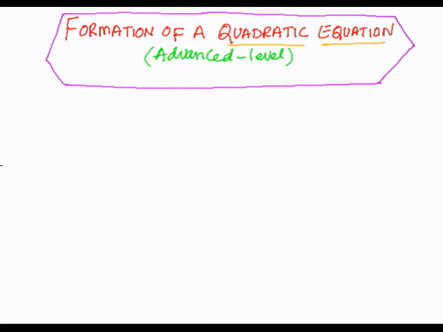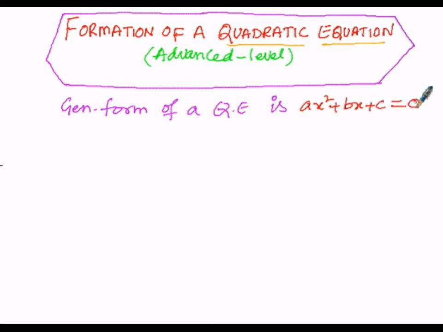So here the general form of a quadratic equation is ax square plus bx plus c equals to 0, in which a is not equal to 0, whereas b is the coefficient of x and c is the real constant, these two belonging to the real numbers.